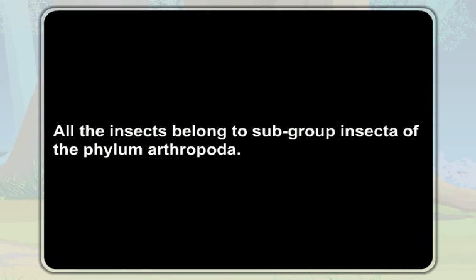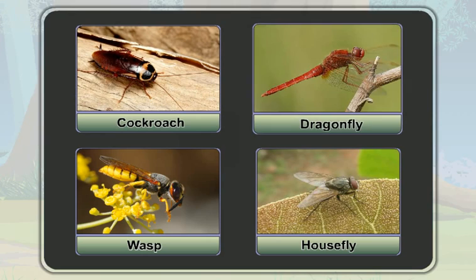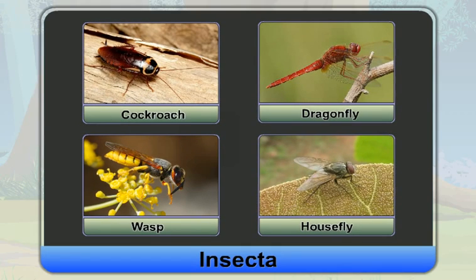All the insects belong to subgroup Insecta of the phylum Arthropoda. So, insects like a cockroach, a dragonfly, a wasp, and a housefly belong to the subgroup Insecta.